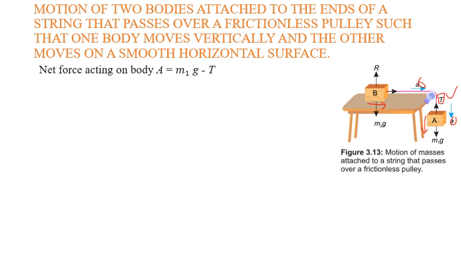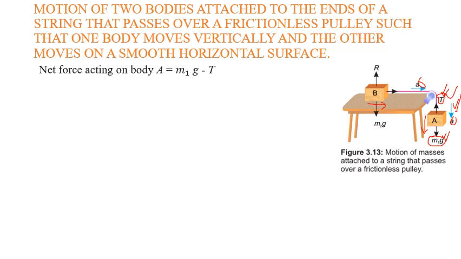But still, the body is moving downward. It means that this mg is greater than this T, right? So this force minus this tension will be the net force, and that will be the cause for this acceleration, the cause for the body to move downward. So that net force is equal to m1g, which is the weight of this body, minus tension, right?